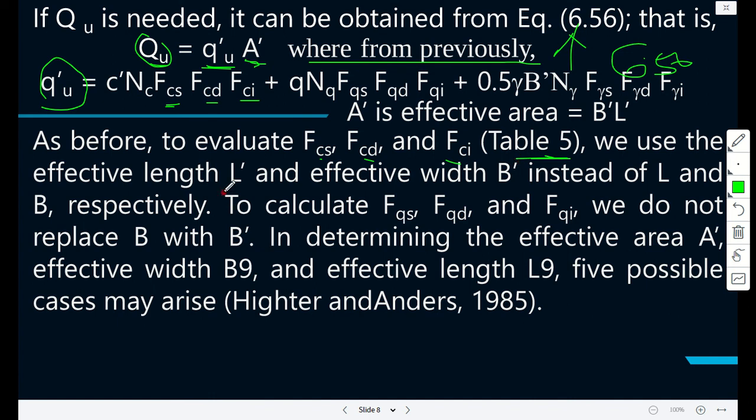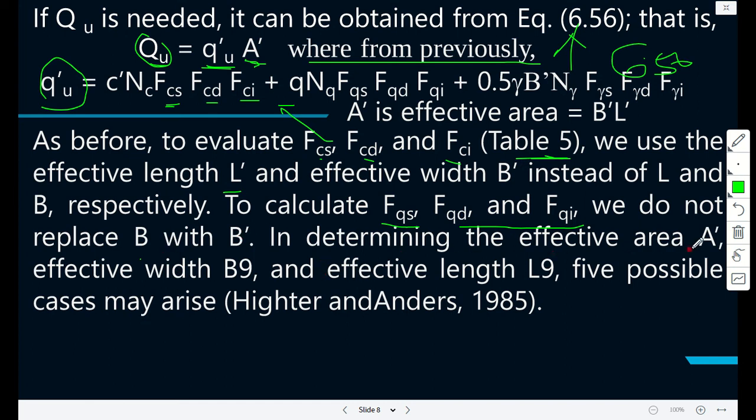We use the effective length L prime and effective width B prime instead of L and B to calculate Fcs, Fcd, and Fci. The factors related to cohesion use the effective breadth and effective length. But for the factors related to the overburden, we do not replace B. We use the original B, not the effective B.